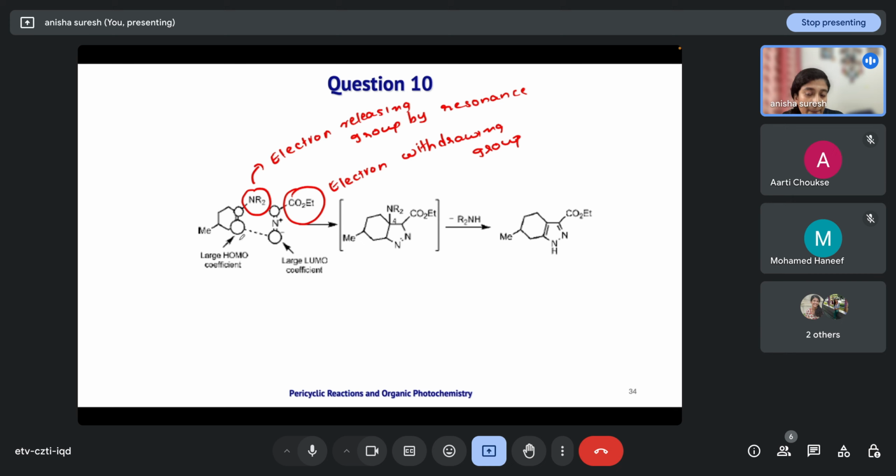So here the bond formation will be taking place. Fine. So it will result in the formation of this product, and then elimination of R2NH will take place, resulting in the formation of this aromatic system.